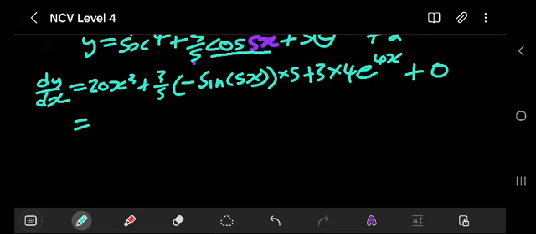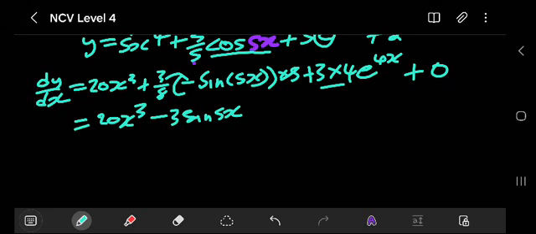Okay, here we have 20x raised to the power of 3. 5 and 5 will cancel, and it will be plus. Now we'll have 3. When you multiply, there will be negative 3 sine 5x. This and that, 3 multiplied by 4, which is 12, right?